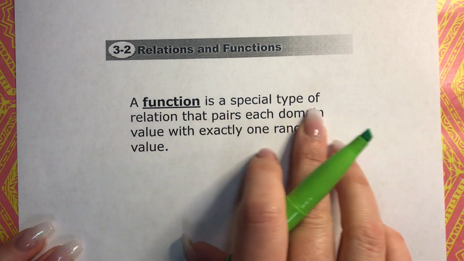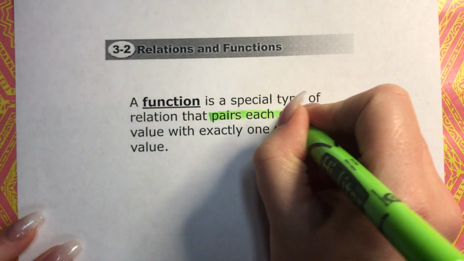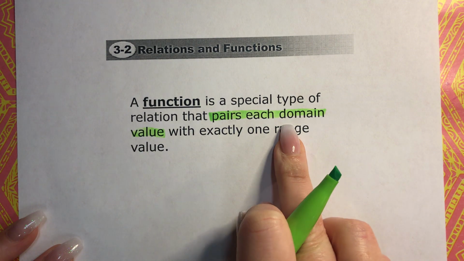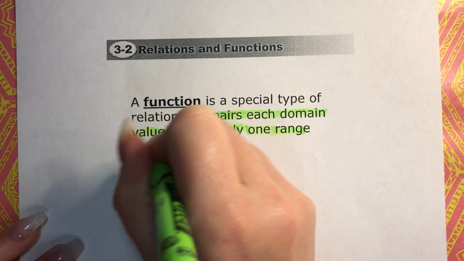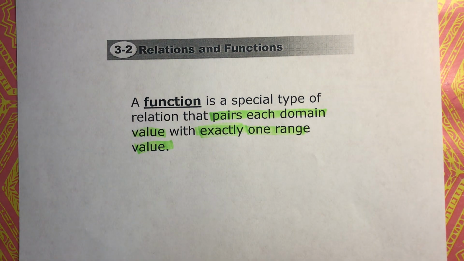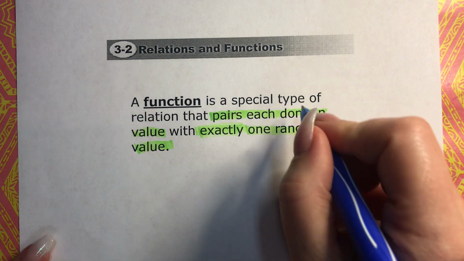So a function is a relation that pairs each domain value, which is x values, with exactly one range value, okay? So pairs each domain value, that's referring to the x values.